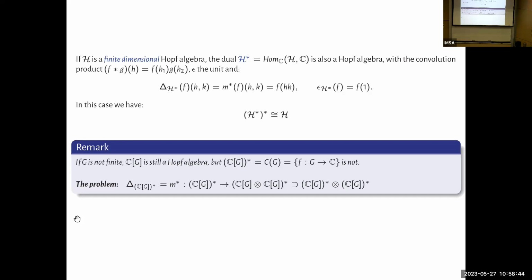And if the group is not finite, this is not a finite dimensional algebra. So this tensor product of the duals is strictly contained in this bigger algebra. So we have problems defining the comultiplication if we have a non-finite dimensional algebra with duals.